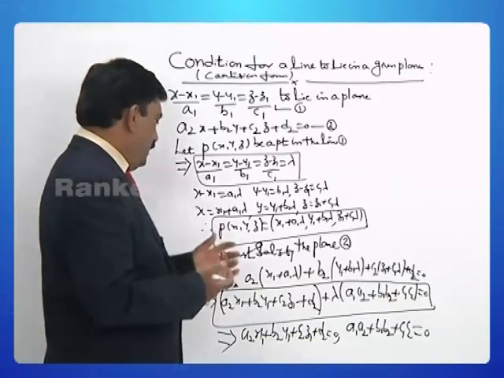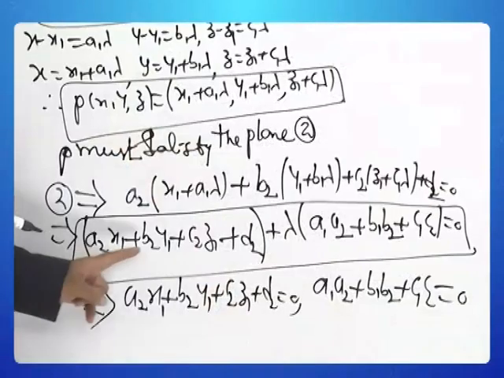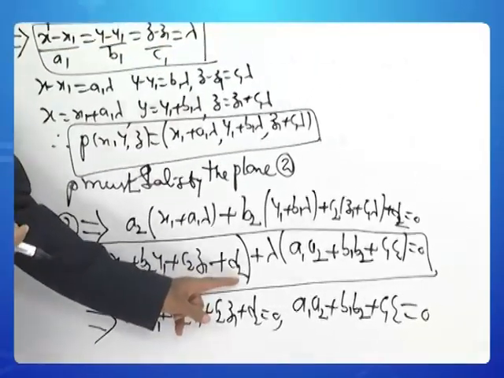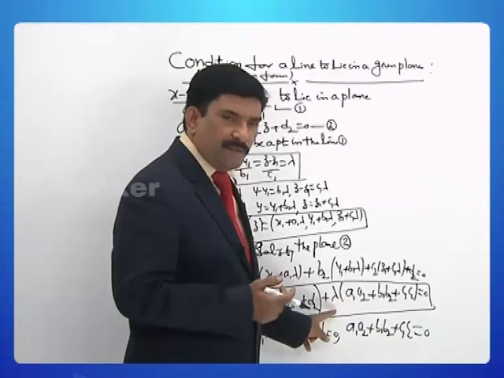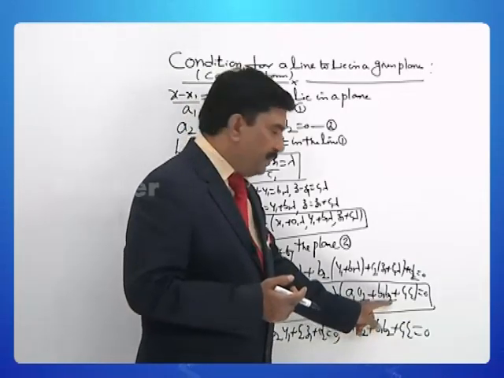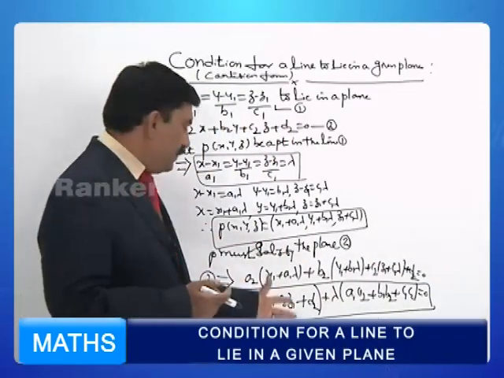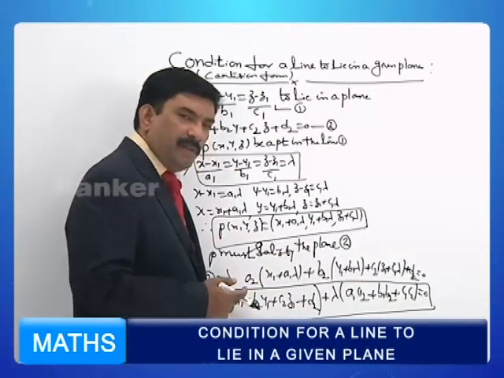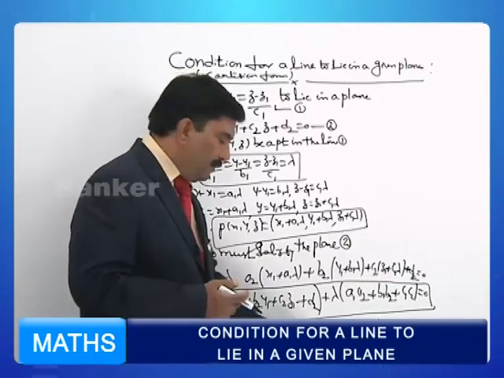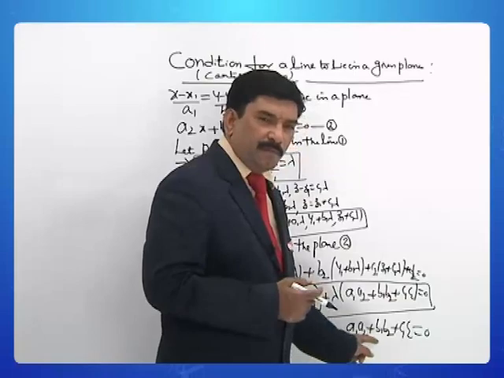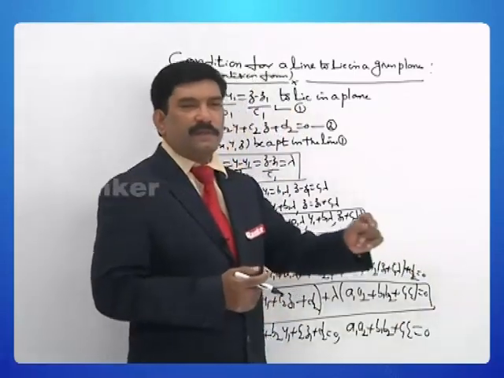This can be written as a2x1 plus b2y1 plus c2z1 plus d2, plus lambda into (a1a2 plus b1b2 plus c1c2) is equal to 0. So now a2x1 plus b2y1 plus c2z1 plus d2 is equal to 0. Next, a1a2 plus b1b2 plus c1c2 is equal to 0.